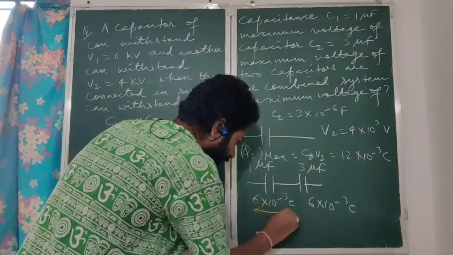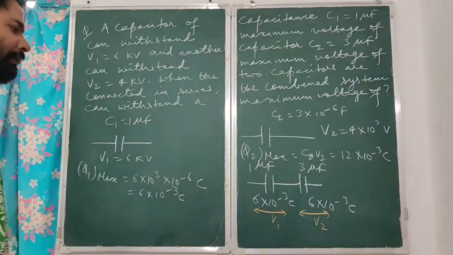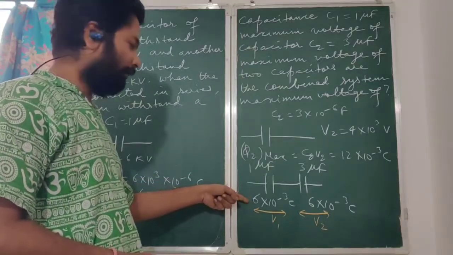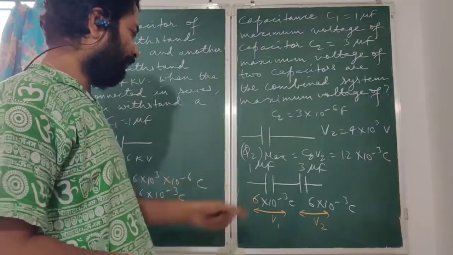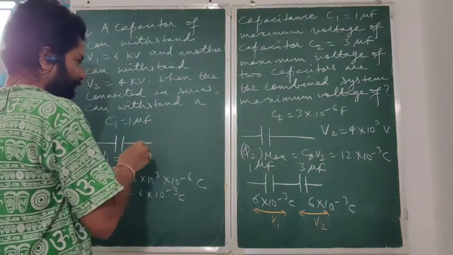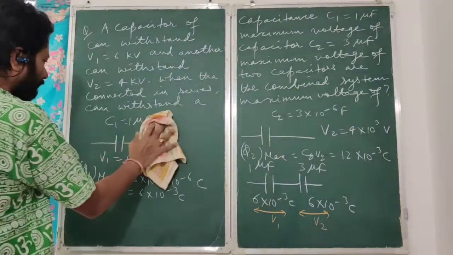Here we have to find V1 and V2. So V1 will be equal to Q by C. So Q is this by C. So I'll write it. I'll erase this left side part so that there is no confusion.